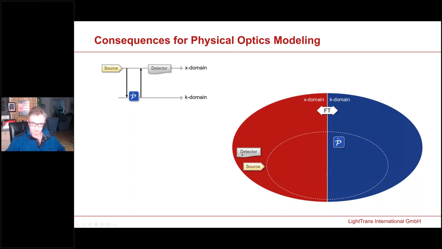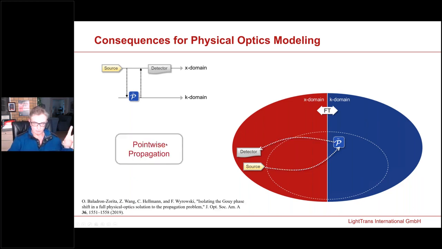So I have here my source, my detector, and then I propagate from the source. I have a Fourier transform. I go to my P operator in the K domain, and I go back here. So this here and this here is now this. Just a 2D description and this diagram description. Sometimes the one and the other one is more instructive, so I use both. And now it's clear.